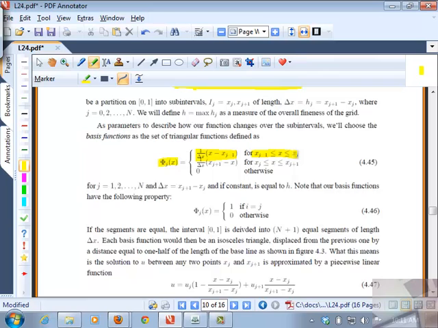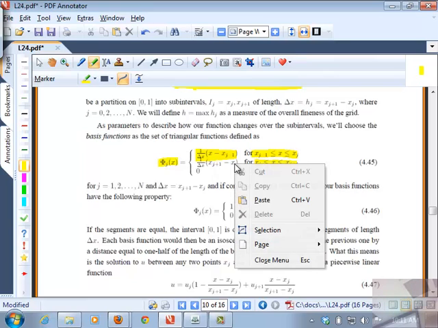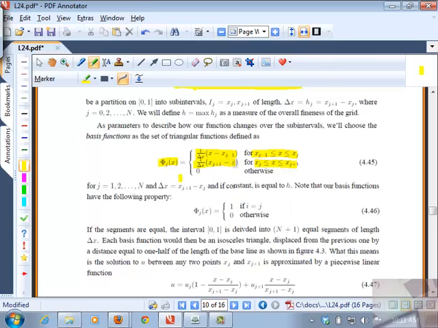But if x lies between j and j plus 1, it is given by this. If x lies anywhere outside of this, it is 0, which is what I conceptually laid out and showed you pictorially, but now I'm writing it mathematically. You can see that it has a positive slope in the first one and a negative slope in the other one. So these are the 2 straight lines.